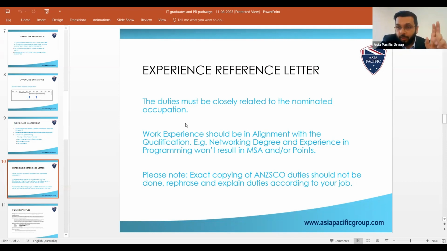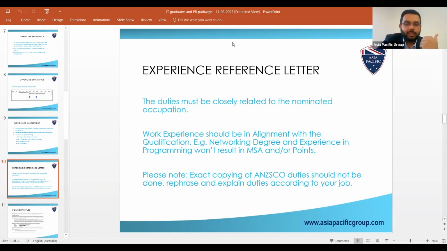So it's not just any IT job. It has to be a specific job within the IT domain. It should be the right kind of job, right? That's very important. And one thing, unfortunately, I have to mention, because it's common sense but people still sometimes make this mistake. I've seen it happen at least 4 or 5 times. People just copy-paste the ANZSCO duties.